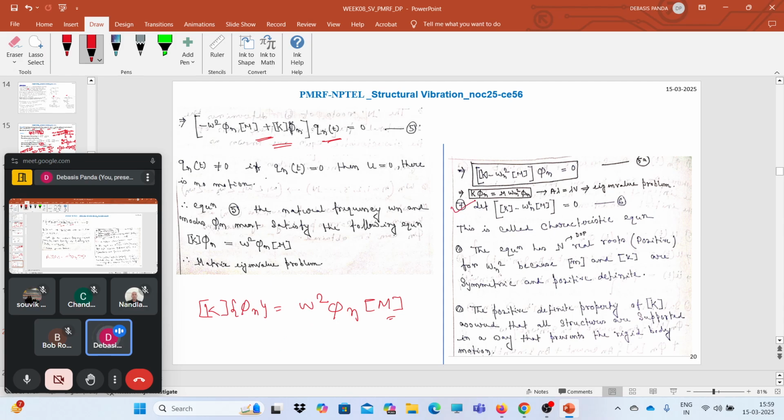Again we need to find the determinant of this thing, because this looks like A v equals lambda v, the eigenvalue problem in linear algebra, a similar kind of thing. So again in the modal coordinates, this coupled equation we can uncouple using the eigenvalue problem. Now we need to find the determinant of this characteristic equation, then look for the roots of this equation, and we can correspondingly solve for the degrees of freedom.